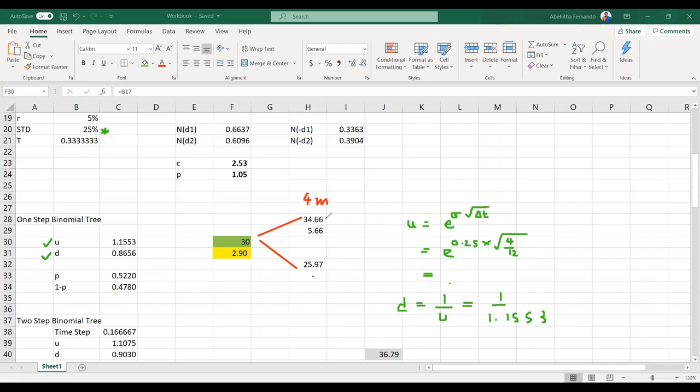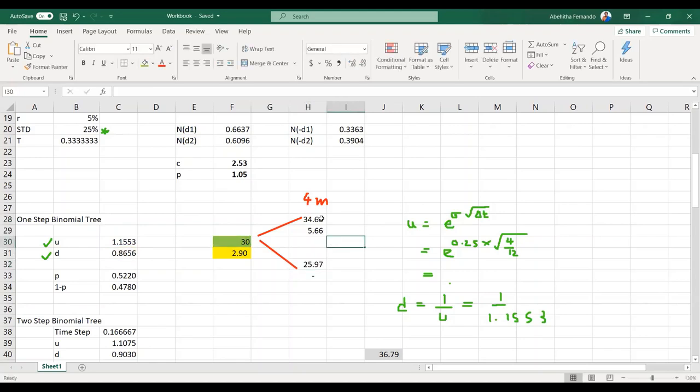Calculate and see whether you get these answers. I got this by multiplying the stock price by U, and over here by multiplying the stock price by D.